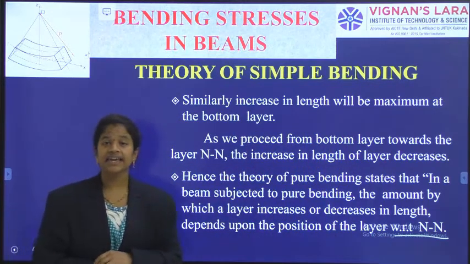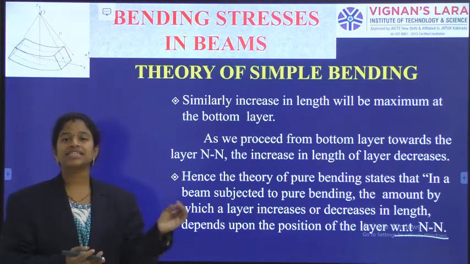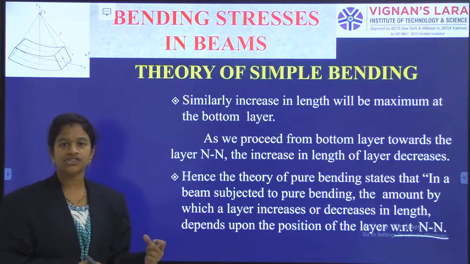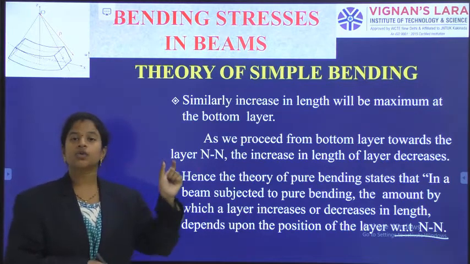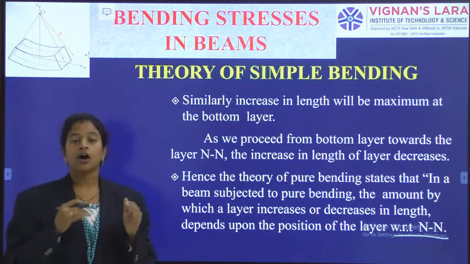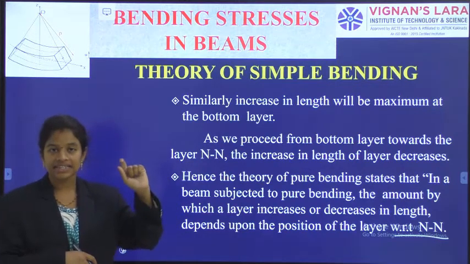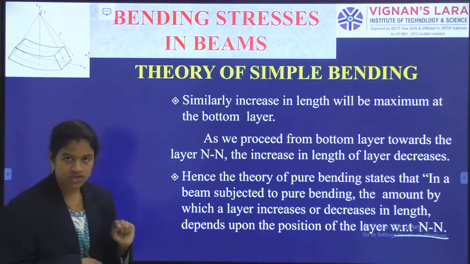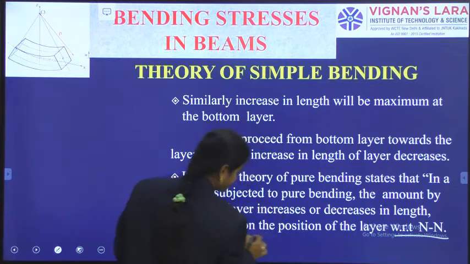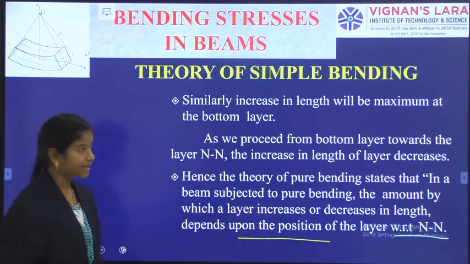So when I am observing how much a layer below the neutral layer has increased or decreased, that quantity of change in the length of that layer depends on its distance or position with respect to the neutral layer.